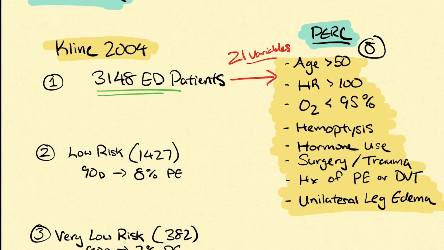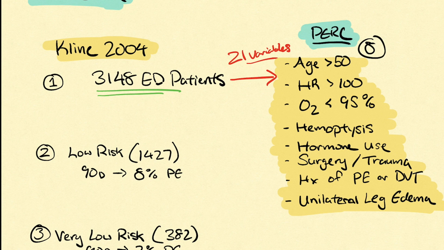So that's age over the age of 50, a heart rate over 100, O2 less than 95%, hemoptysis or coughing up blood, hormonal use, any recent surgery or trauma, a prior history of either PE or a DVT, or any signs of unilateral leg edema on exam. Okay, these were the 8 factors that were highly predictable for having a PE.